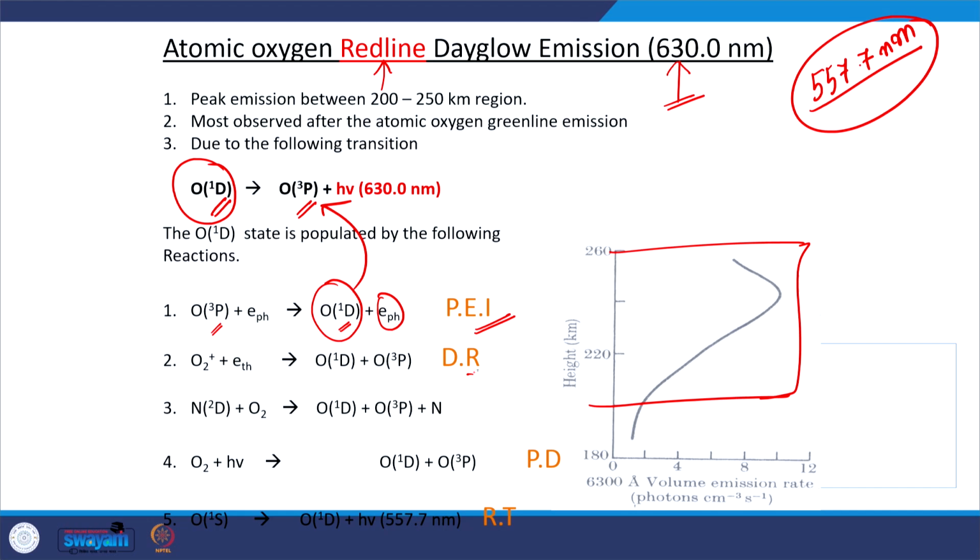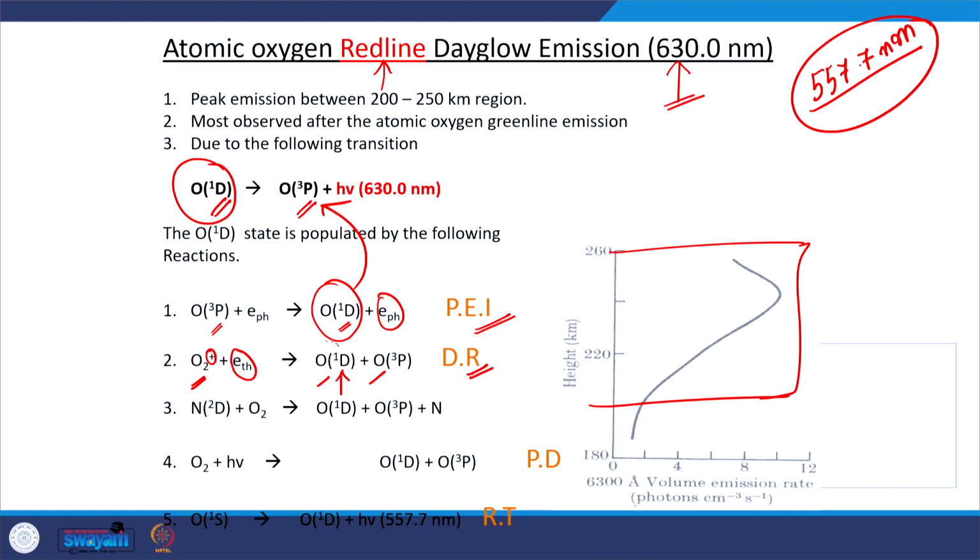And this process is the dissociative recombination reaction, in which an oxygen molecule, when it collides with a thermal electron, this oxygen molecule being ionized will be dissociated into two oxygen atoms, one of which is existing in the singlet D state, the other in the ground state.